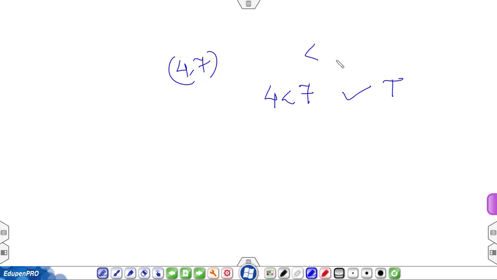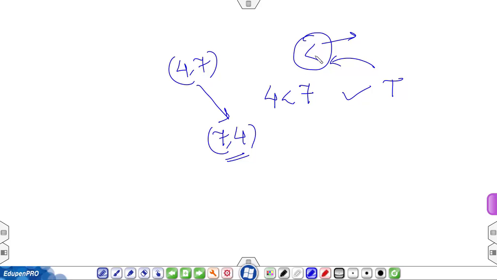Now if I change the order in this pair, that means if I write this pair (4, 7) now as (7, 4), and we see the less than relationship again, we can see that 7 is obviously not less than 4. So the relationship less than is false here. That's why we say that order matters.